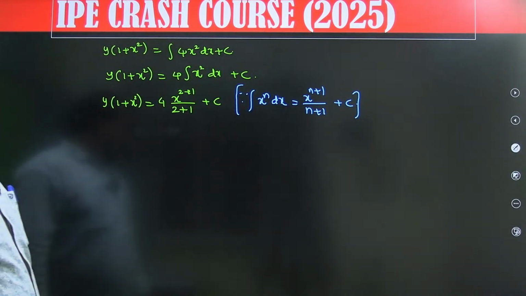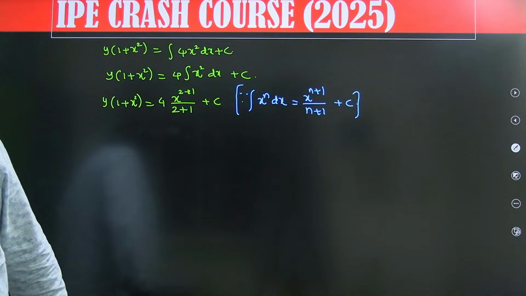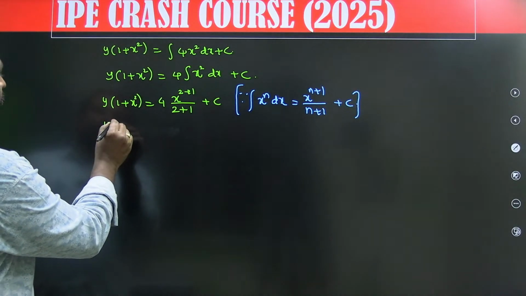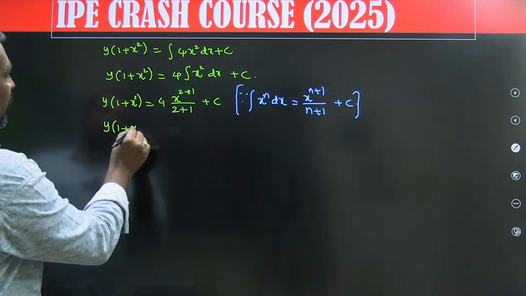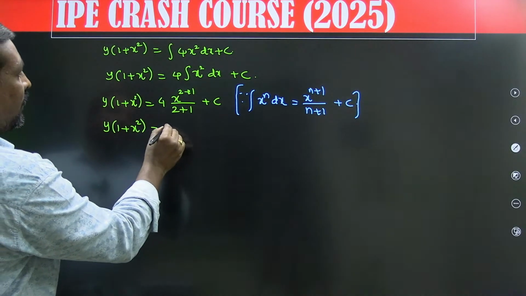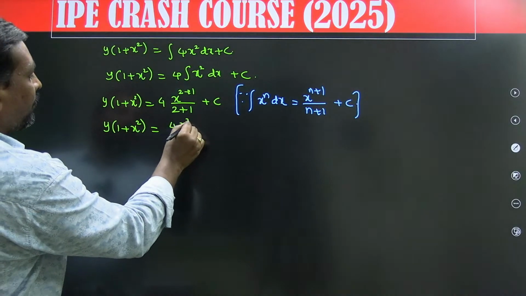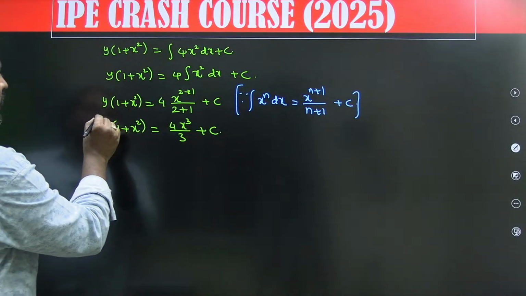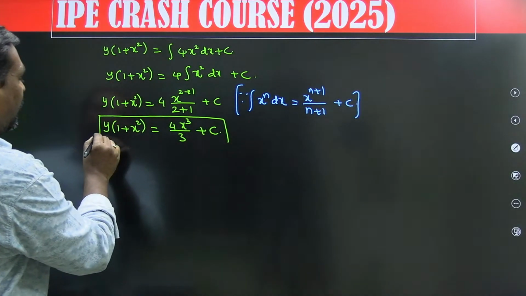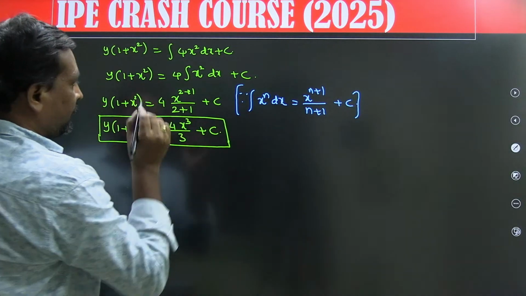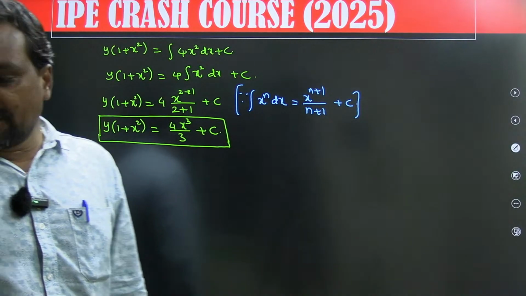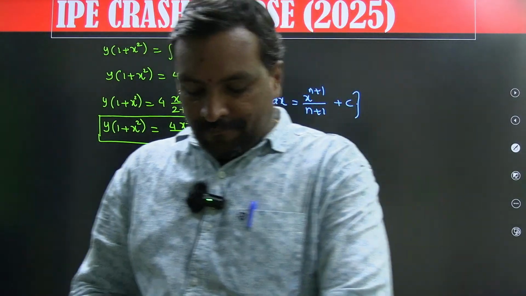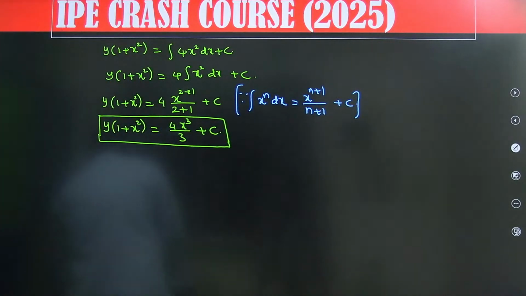So here it is, y into 1 plus x square is equals to 4x cube by 3 plus constant c. This is the solution of the given differential equation. Okay, so now we'll go for another problem.